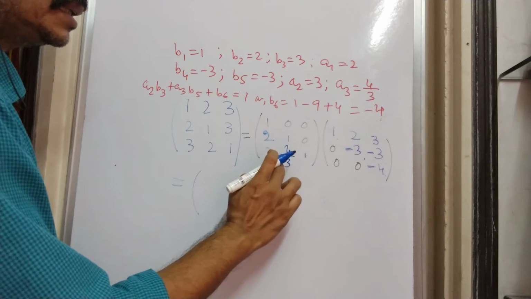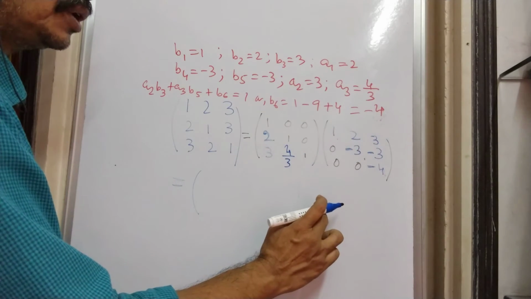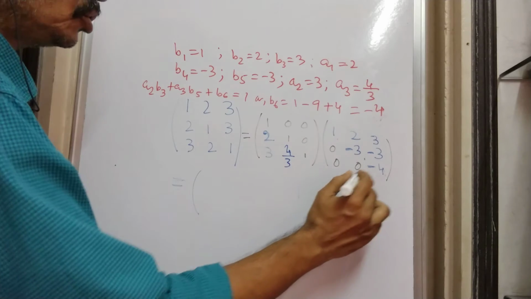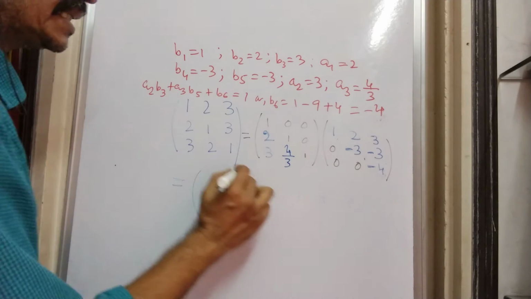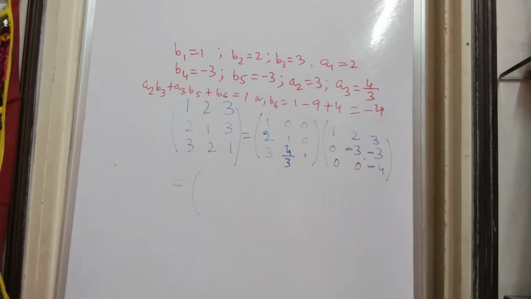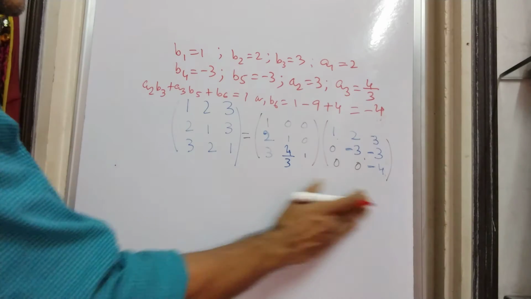When we multiply this with this, it becomes minus 4. And then we have also minus 4. So 9 minus 8 gives us 1. So it perfectly matches.